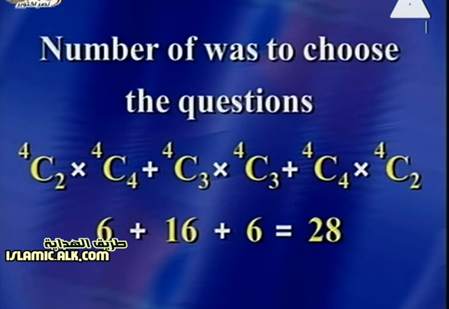Remember, dear student, we have 28 ways to solve an exam of 8 questions, where the student must choose 6: the first case 2 from the first 4 and 4 from the second, the second case 3 and 3, the third case 4 from the first 4 questions and 2 from the rest. The answer is 28 ways.